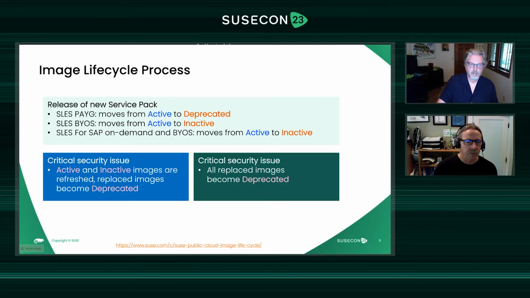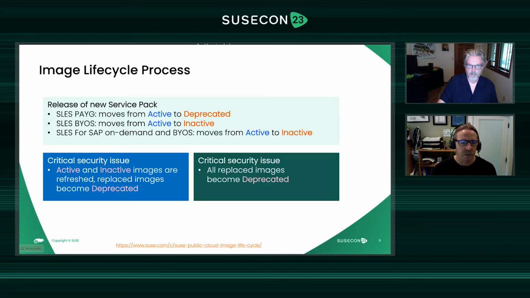For BYOS images, they move from active to inactive, because for BYOS images, you can easily get the LTSS add-on. And so therefore, we keep those images in a maintained state for security updates, and you can add LTSS, and then you have basically the same support in the cloud that you have in the data center.